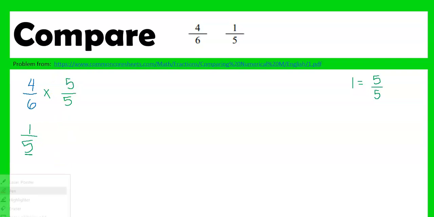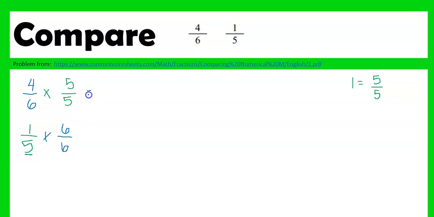And then I have to do the same thing for my 1/5. Remember, the purpose of this is to get the same denominator, or the same number on bottom. So I know I'm going to have to multiply my 5 by 6 to get the same number on bottom. But as I said before, I also have to multiply it by 6 over 6 to really multiply the fraction by 1.